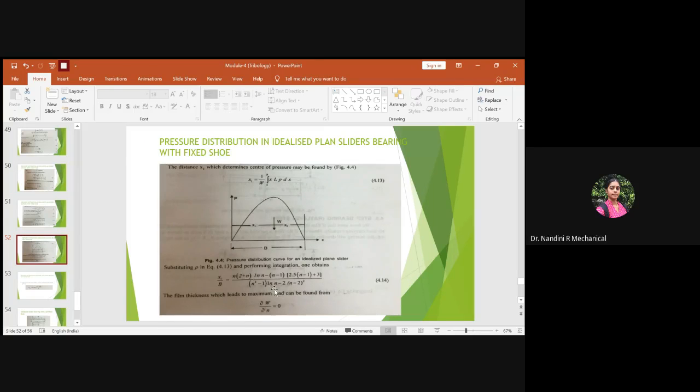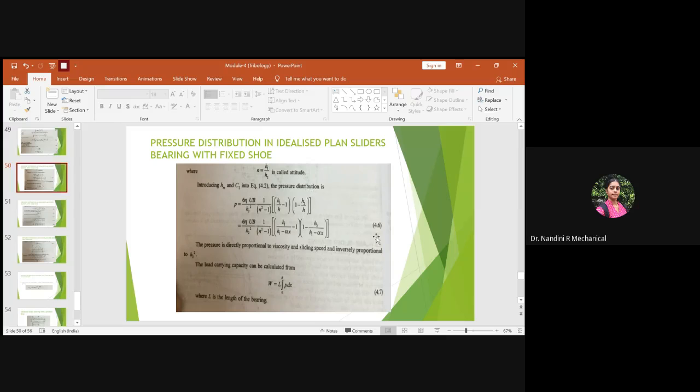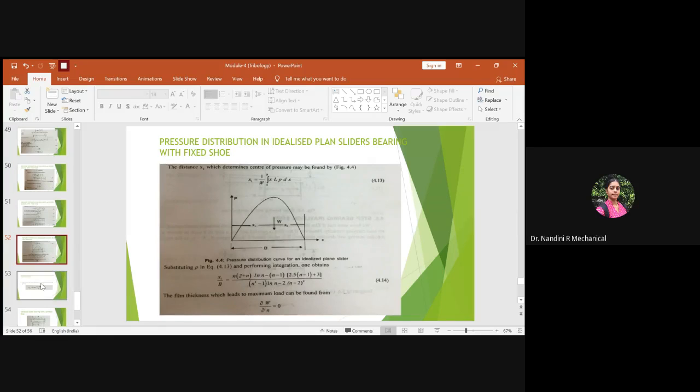So what we do, we will go to equation 4.13 and substitute the value of the pressure. The pressure equation is nothing but 4.6. So we'll substitute the value of 4.6 into equation 4.13. Then it will get simplified and you will get it in this form. So x1 by b is equal to something in terms of attitude, right?